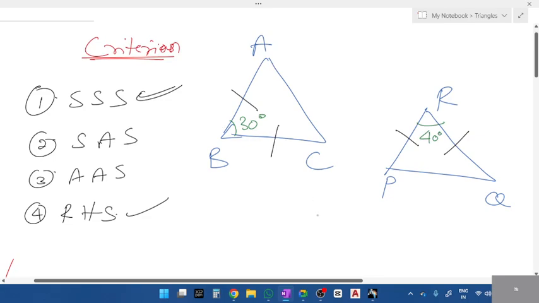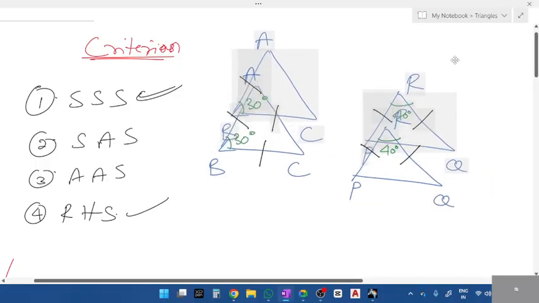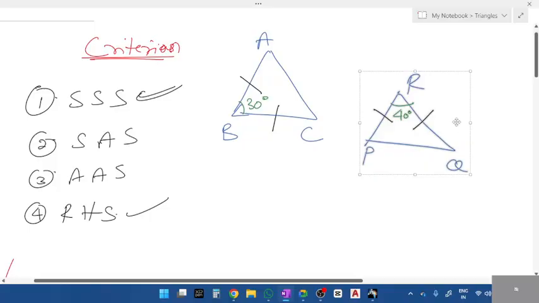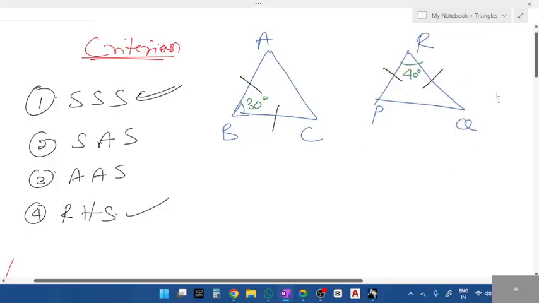Yes. Now tell me, students, are they congruent or not? How will you find out whether they're congruent or not? Yeah, give me a reason. Be quick. It's a very simple concept.